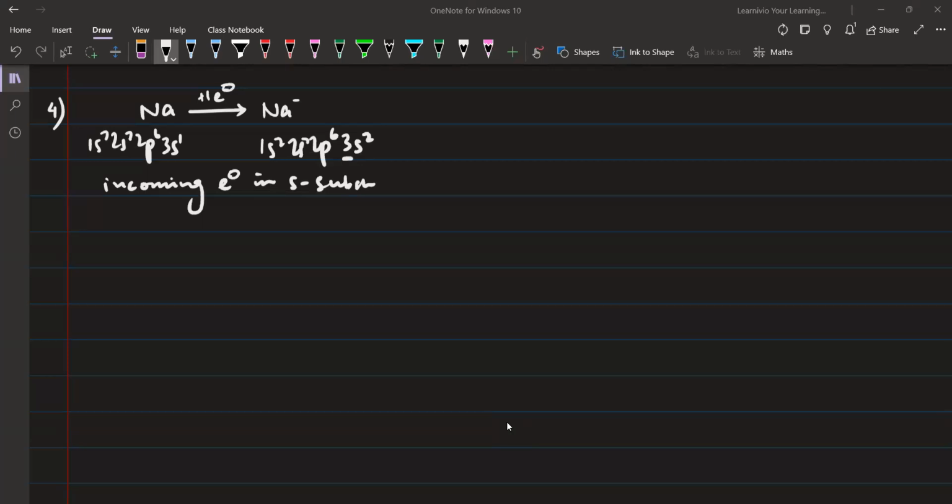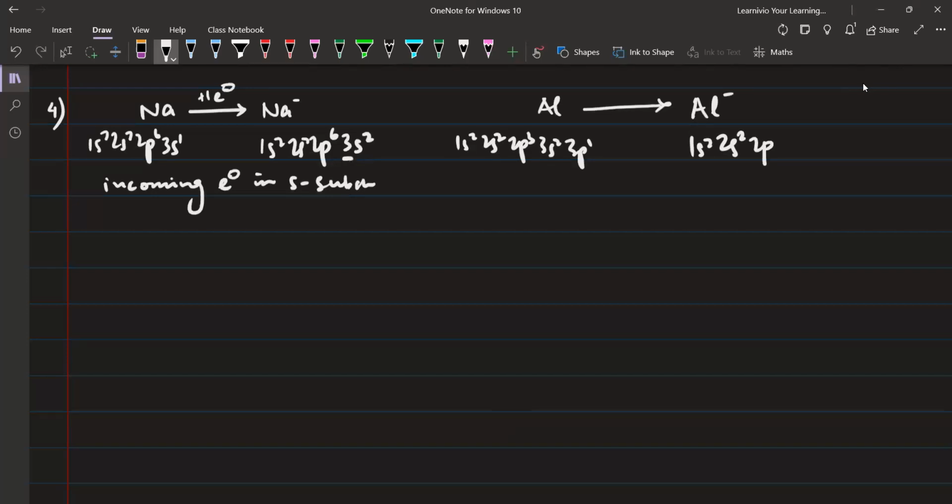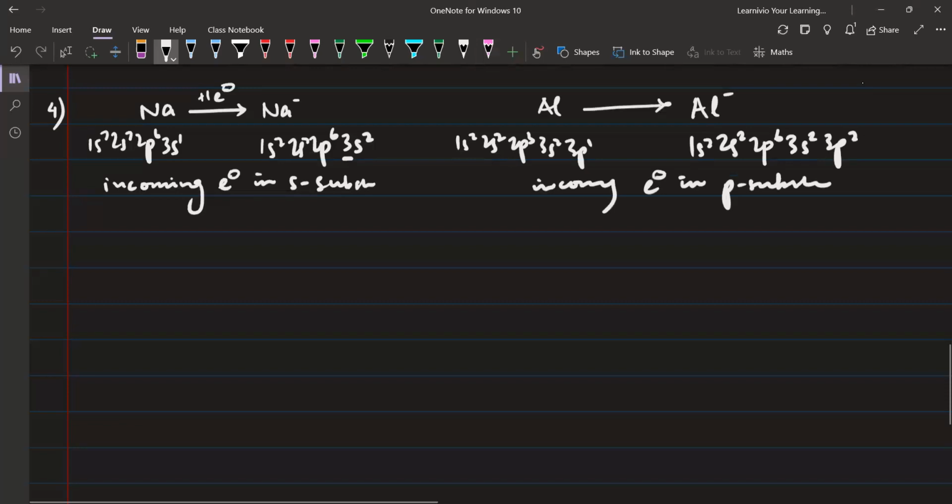In aluminium, 1s2 2s2 2p6 3s2 3p1. Add one electron: 1s2 2s2 2p6 3s2 3p2. Incoming electron in the p subshell.